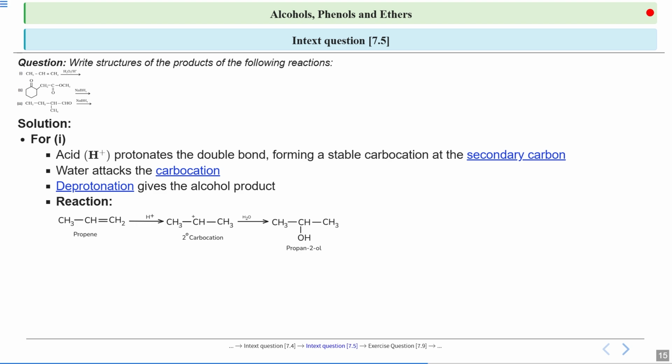So one of the H positive from the O positive will be removed, and the shared electrons of the hydrogen-oxygen bond will move towards the oxygen to stabilize its positive charge, and you will get a stable propan-2-ol, that is CH3CHOHCH3. Okay, so this is the product you are getting in the first reaction.